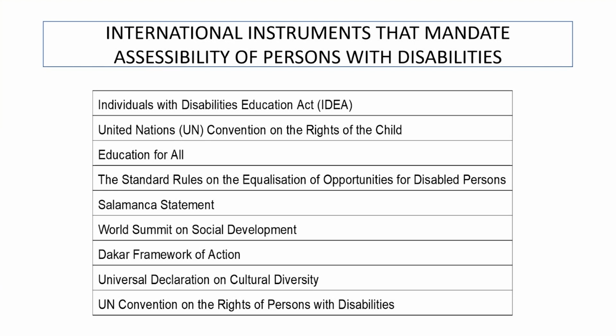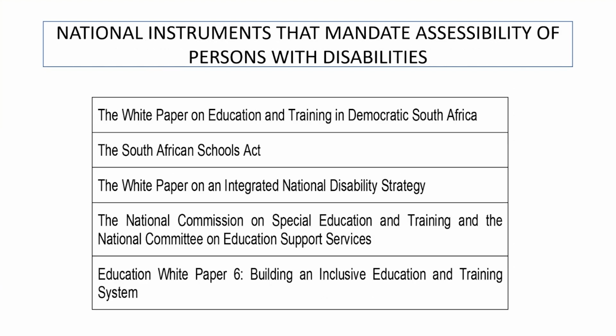I want to indicate, students, that the United Nations Convention on the Rights of Persons with Disabilities is the one that we will be referring to most in this module. Secondly, we have national instruments for those that are in South Africa.